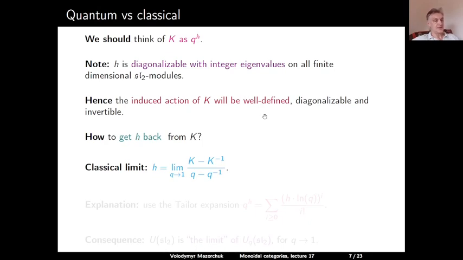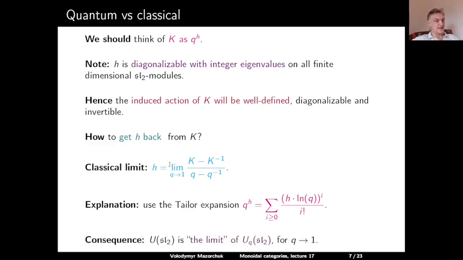Then one can use the classical limit that H is actually equal to the limit where q goes to 1 of K minus K inverse divided by q minus q inverse. How to see this? We can use the Taylor expansion for q to the power H. So this is the sum over all I greater than or equal to 0, H times the natural logarithm of q, the whole thing to the power I divided by I factorial. And now if you plug it in here and take this limit, then you will get H back.